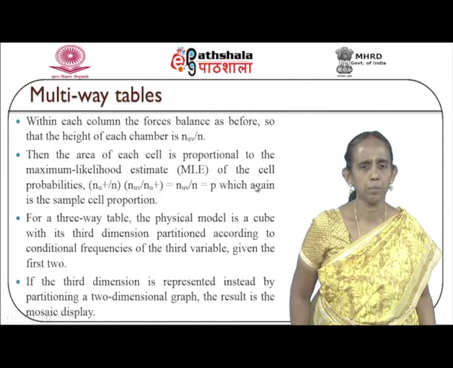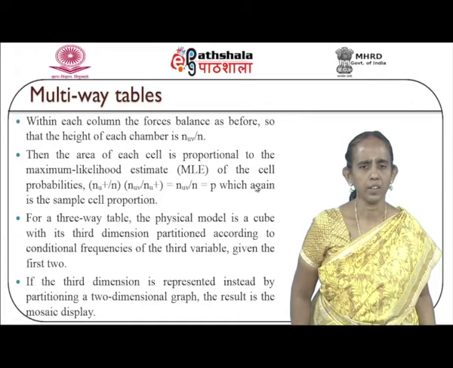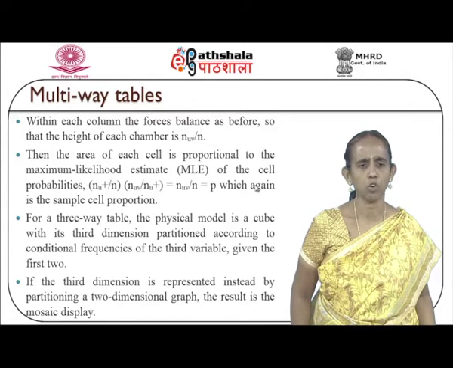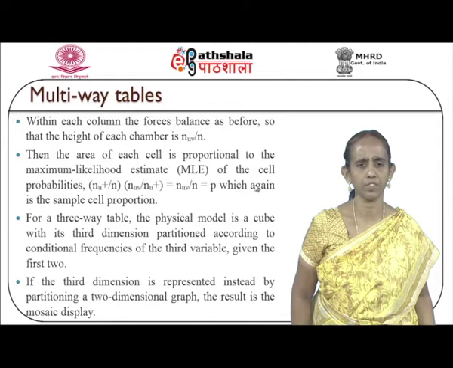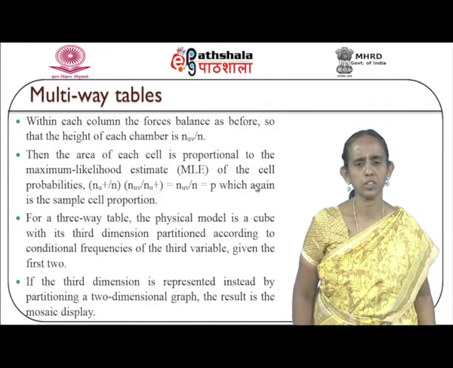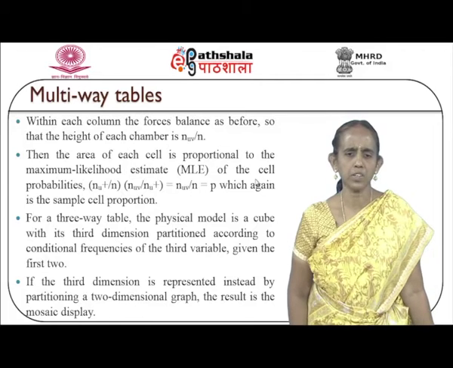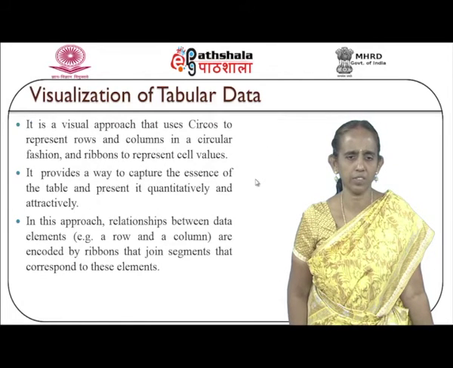For a three-way table, the physical model is a cube with its third dimension partitioned according to the conditional frequencies of the third variable given the first two. If the third dimension is represented instead by partitioning a two-dimensional graph, the result is a mosaic display.